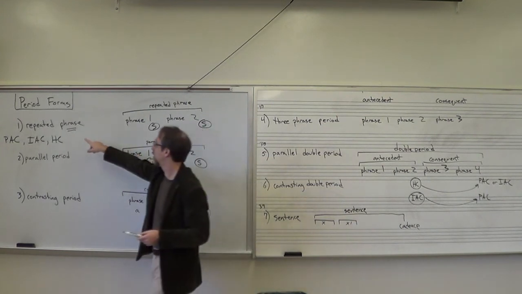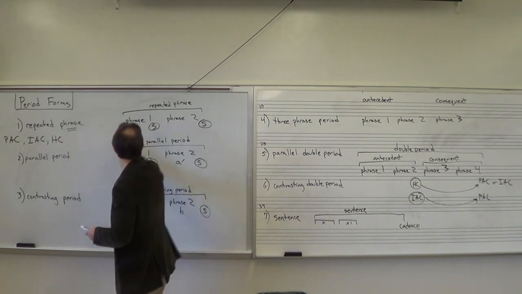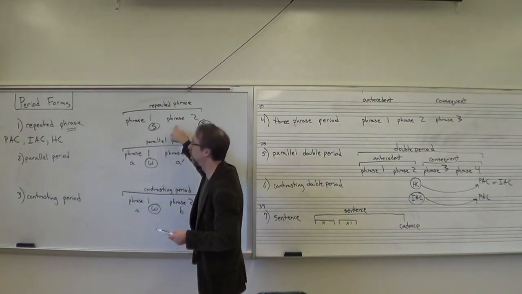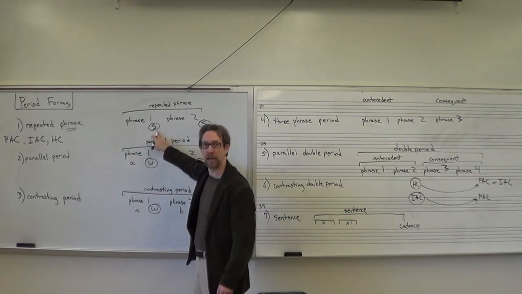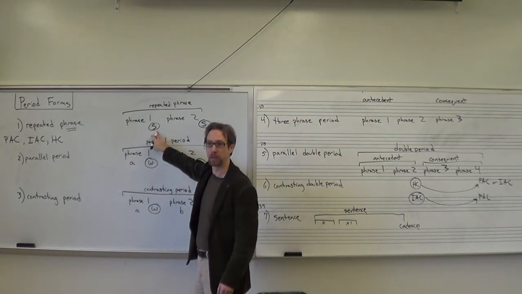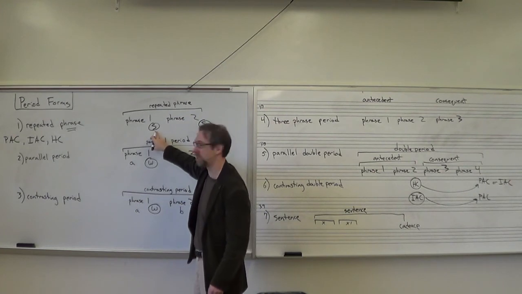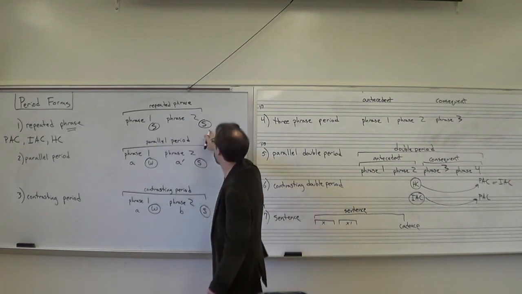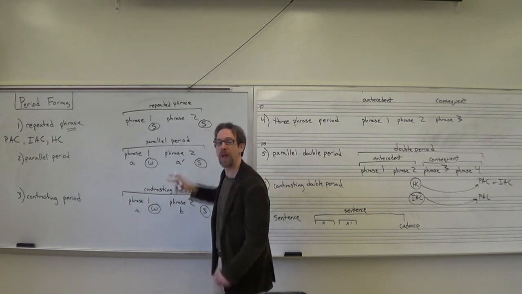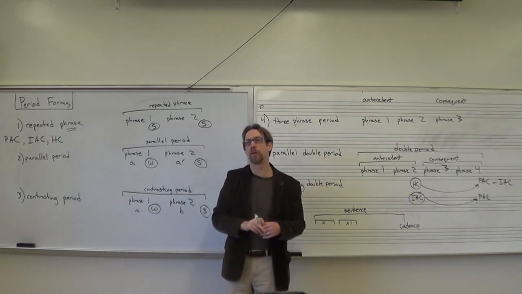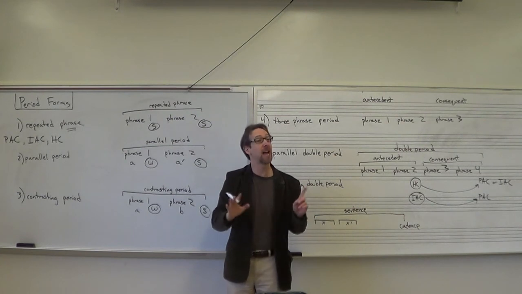When they can't, and you have a phrase and then another phrase, phrase 1, phrase 2, it might be a repeated phrase. So this S here that I wrote means strong. So this is a strong cadence at the end of phrase 1, followed by a strong cadence at the end of phrase 2. When you have that, you are talking about repeated phrases, not a period.